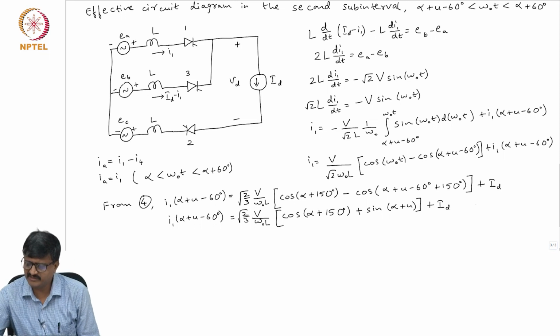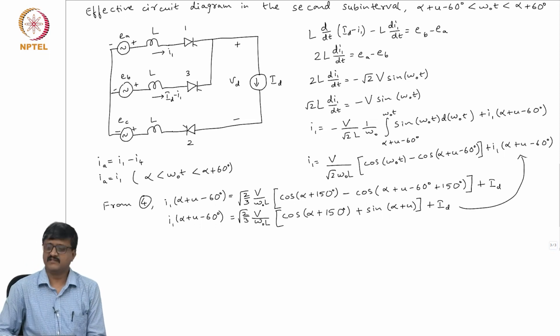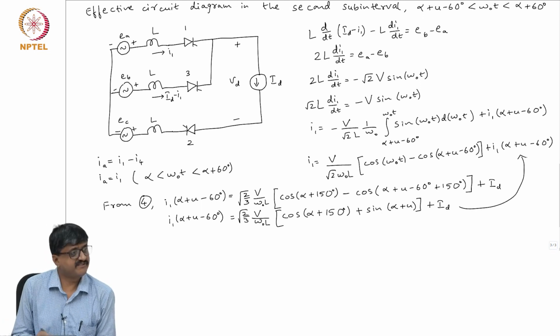So, I substitute this in the expression for I1 here. That gives me the expression for I1 in the second subinterval.